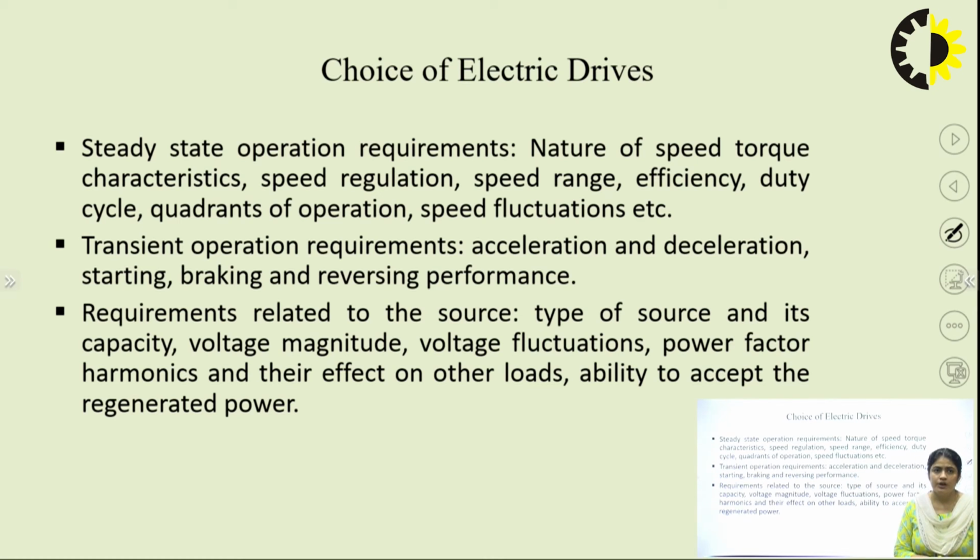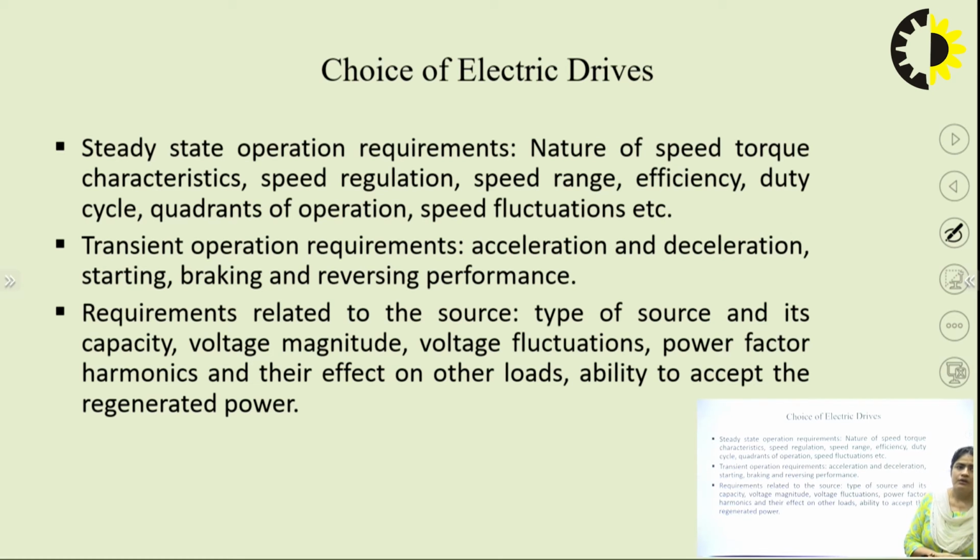With a single unit you can perform the motoring operation as well as the braking operation, right? These are the requirements that must be fulfilled to make the electric drive system efficient, right?